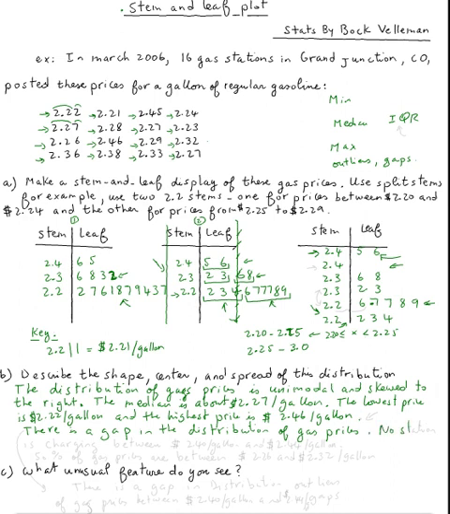No station is charging between $2.40 per gallon and 2.45 or 2.44, right? Remember, 45 will be for the next row, $2.44 per gallon.